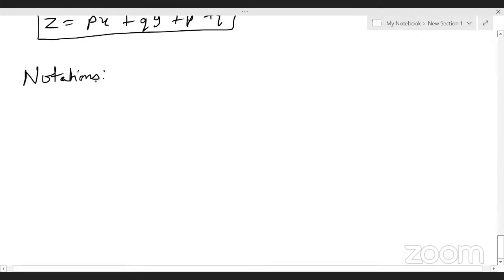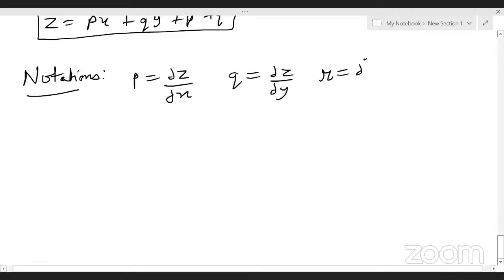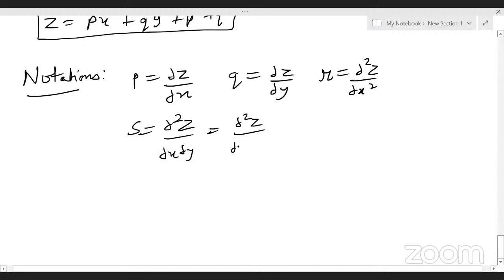So what are the notations? p means del z upon del x, q means del z upon del y, r means del square z upon del x square. s means del square z upon del x del y, or for any continuous differentiable function, this is also equal to del square z upon del y del x.